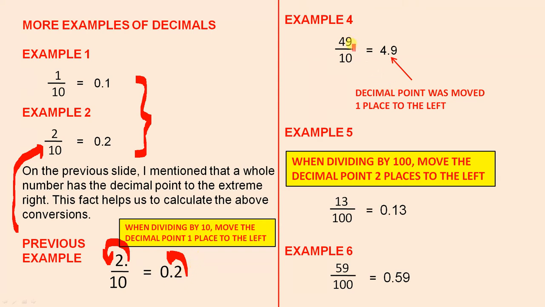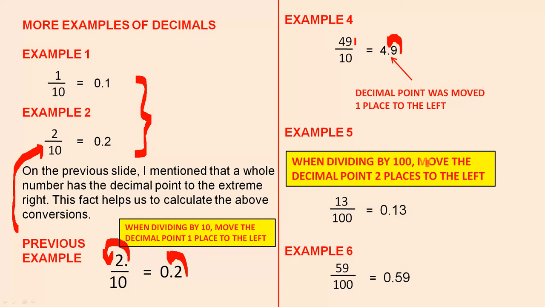If you have 49 over 10, the invisible decimal point is here. So we went from here and we moved it one place to the left, and that's why you have 4.9 as the answer. So the decimal point was moved one place to the left. Example 5, we're going to look at what happens when you divide by 100.